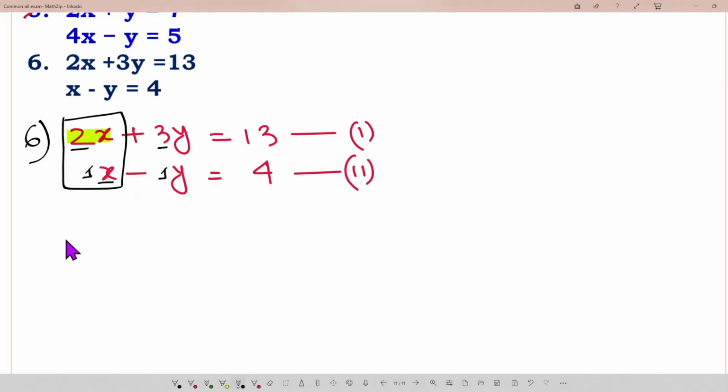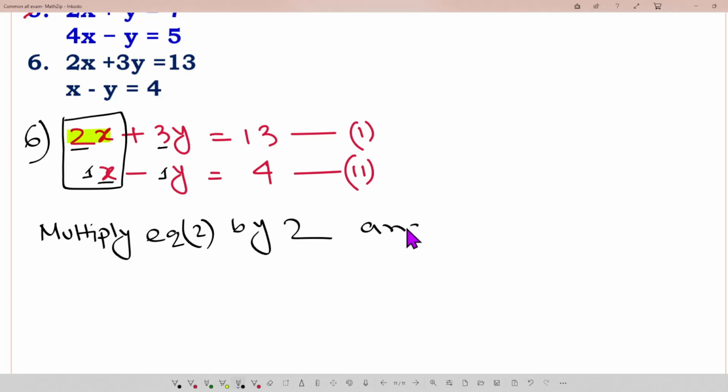We can write like this: multiply equation 2 by 2 and subtract from equation 1.